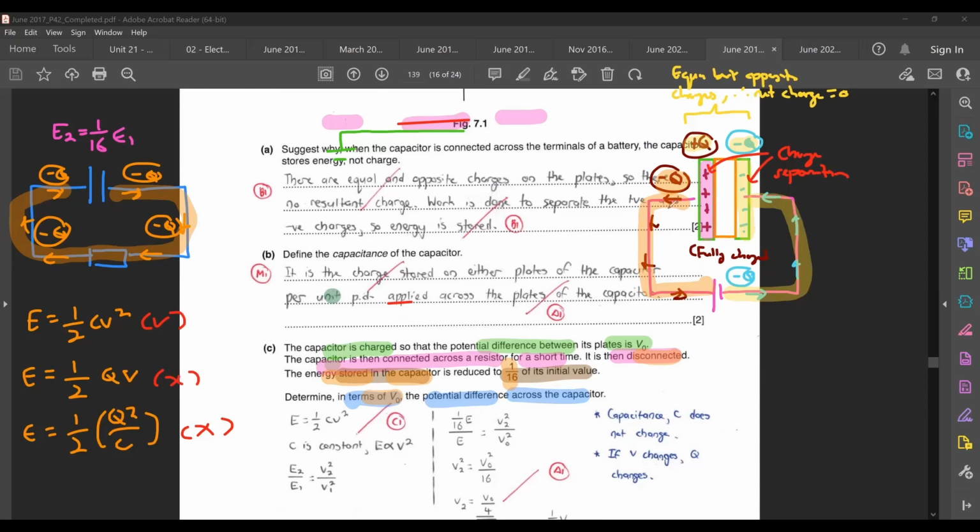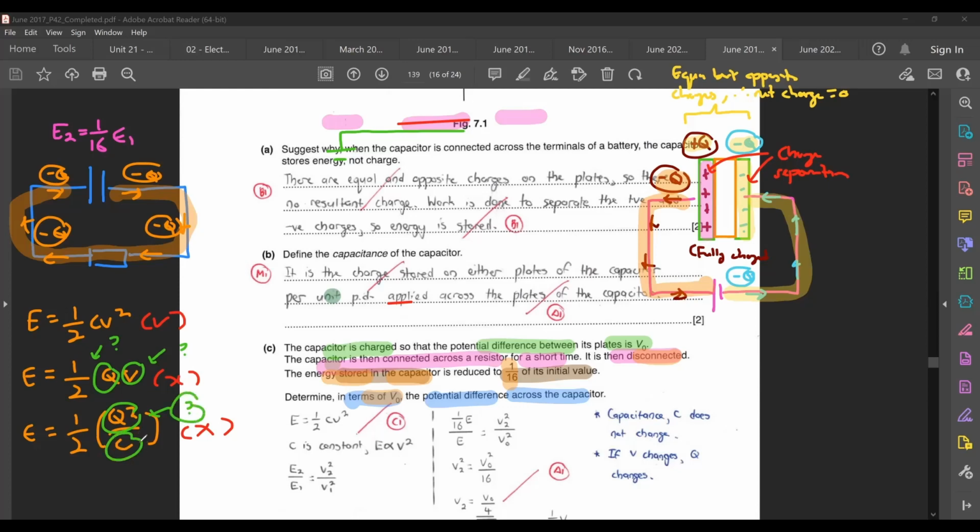Okay, so if you look at the second equation, you want to find the V, but at the same time, you also do not know what is the charge stored. So you have two unknowns. This one is definitely out. And then after that, if you look at the third equation, you do not know what is the charge.